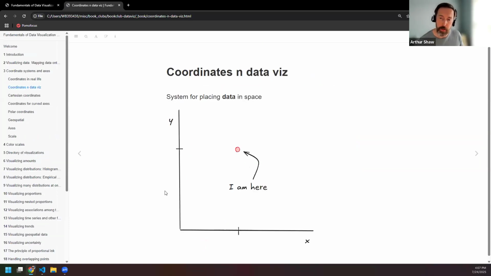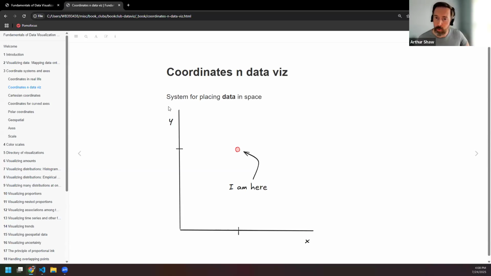And in a similar way, I think coordinate systems for data visualization purposes can be thought of as systems that place data in space. This is the way I'm trying to internalize it. And the space here is the visualization canvas. So here is just a really crude hand-drawn Excalidraw image of, let's imagine, some data visualization. So we have this point that exists, and a coordinate system that places the point in visualization space.